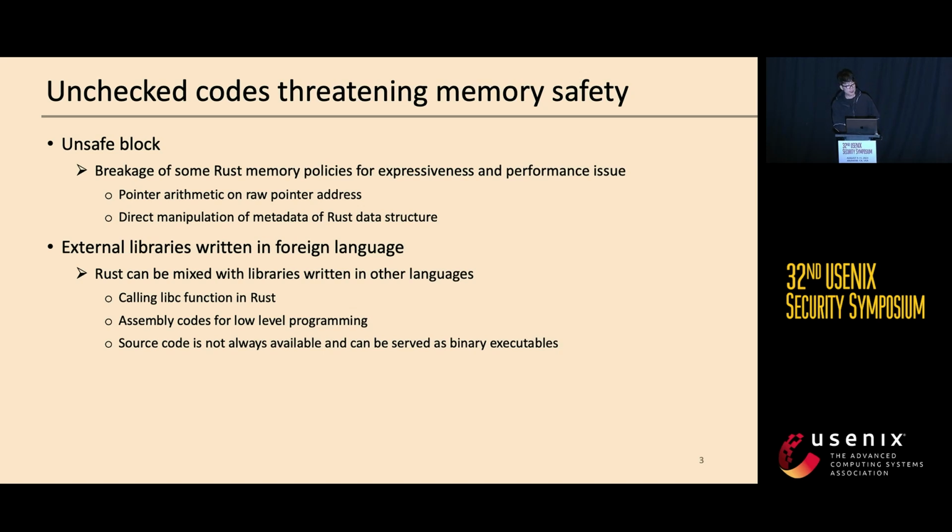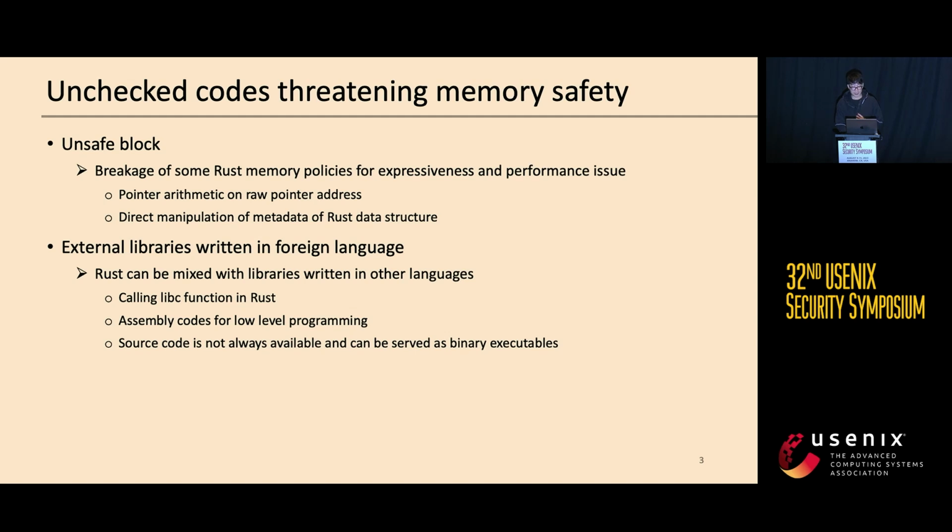The second one is external libraries written in foreign languages, as Rust can be mixed with libraries written in other languages. For example, if you want to call a libc function in a Rust program or write assembly code for low-level programming, these are scenarios that fall under this category.